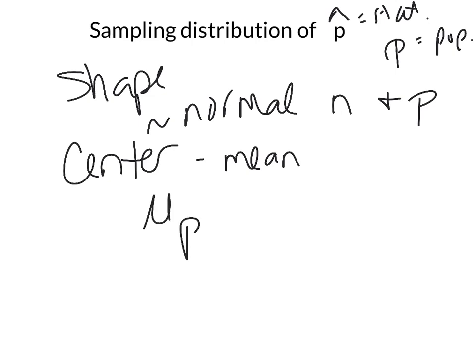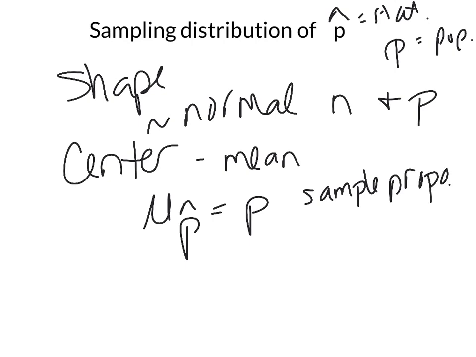And so the mean of all of our p-hat samples should be equal to p. Remember our sample proportions? They are an unbiased estimator. So when I take the mean of all those different sample proportions, if we're talking about those candies, basically our p-hat was how many of them were orange in each sample.